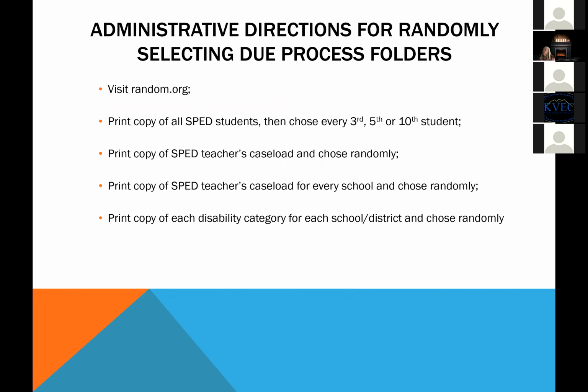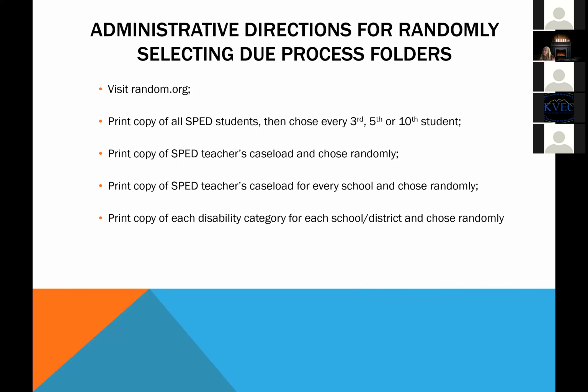Again, we have to do this randomly, so you can either visit random.org to populate your students. You can print a copy of your special ed students and choose every 3rd, 5th, or 10th student.